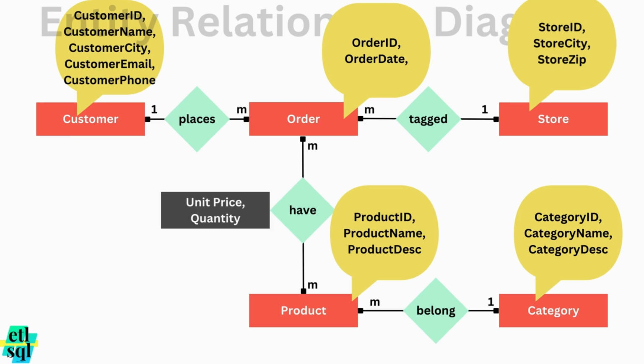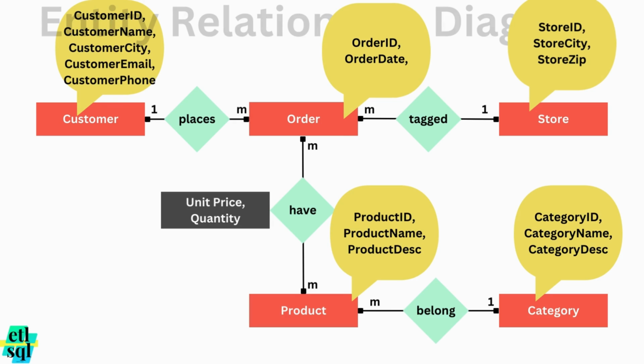For orders, I have order ID, order date. For store, I have store ID, store city, store zip code. For category, I have category ID, category name, category description. And for product, I have product ID, product name, and product description. So adding attributes is fairly straightforward, and it is a simple task.